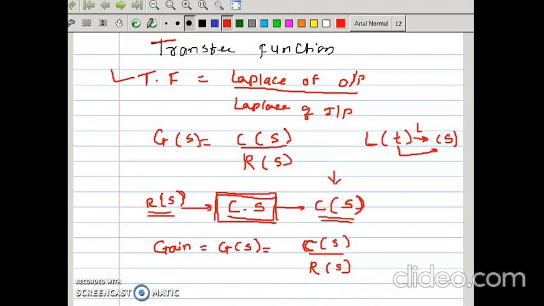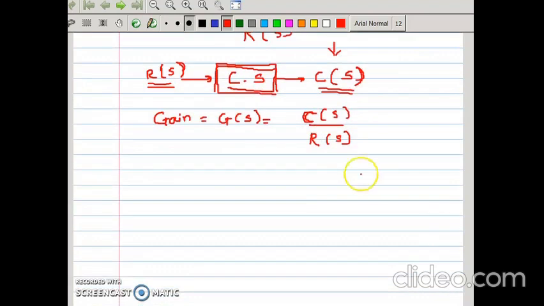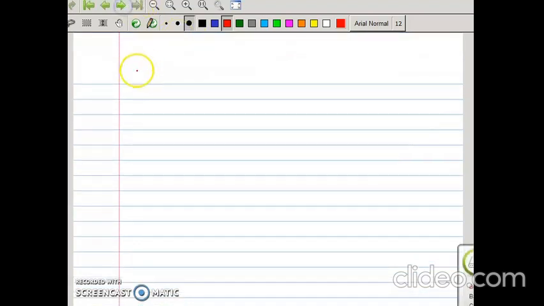Okay, let's take a simple example based on the transfer function. Let's take a new page. Before we start with the example, we want some formulas which are used to solve the numericals. What are those formulas?